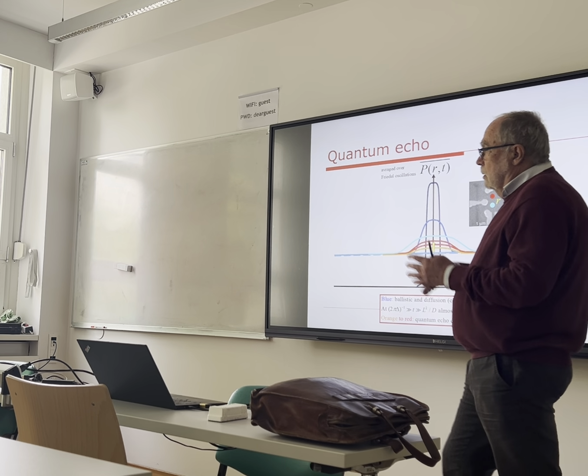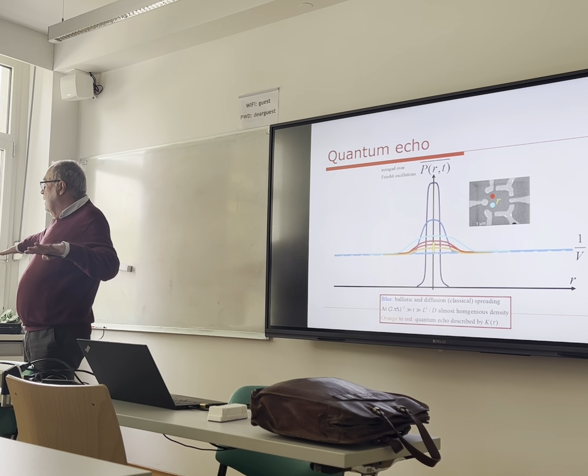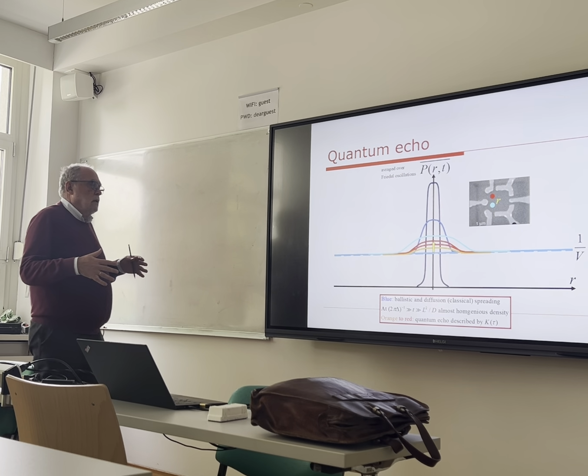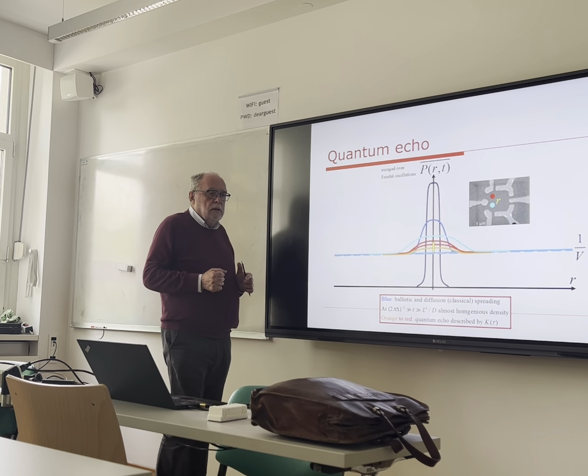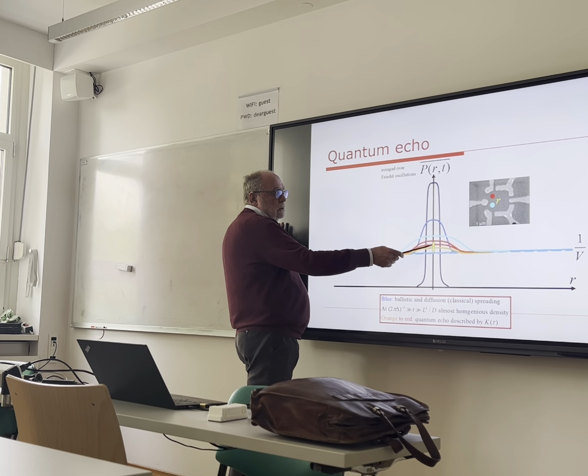So what happens is that in classical physics you just spread homogeneously and stop. In quantum physics, which is reflected by this spectral form factor, after that there is some evolution.